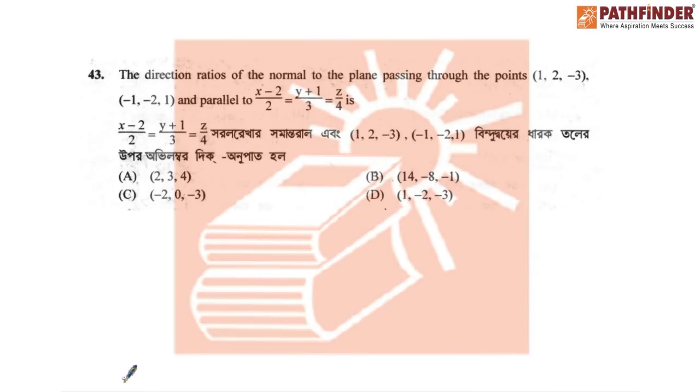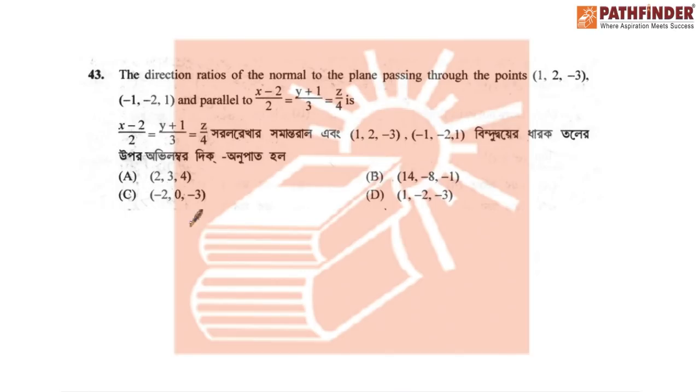Next is question number 43. The direction ratio of the normal to the plane passing through points 1 comma 2 comma minus 3 and minus 1 comma minus 2 comma 1, and parallel to x minus 2 by 2 is equal to y plus 1 by 3 is equal to z by 4 is.